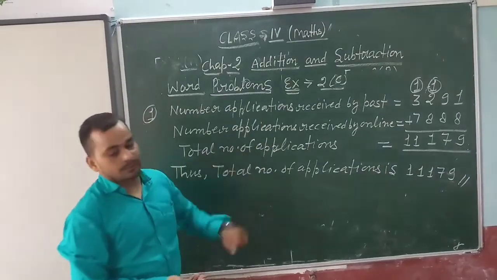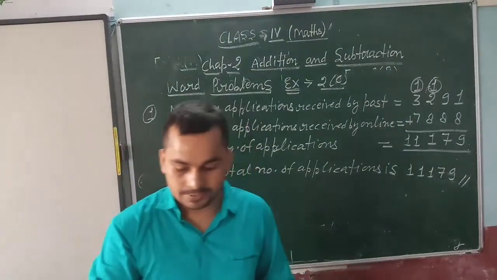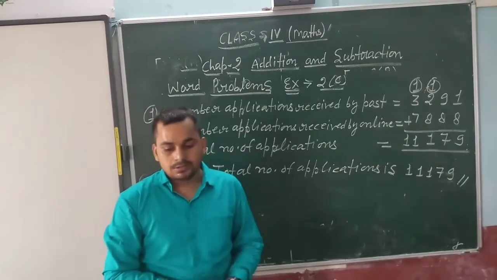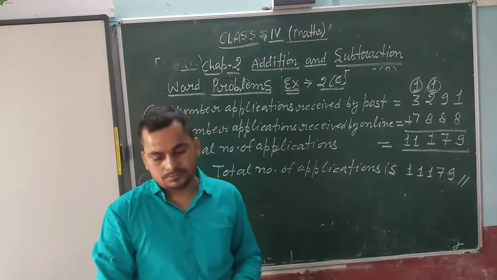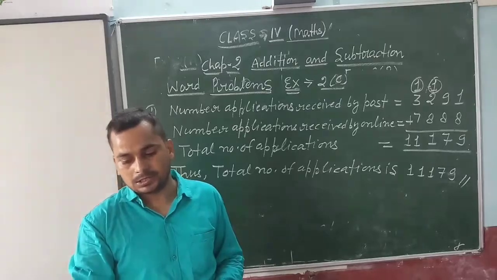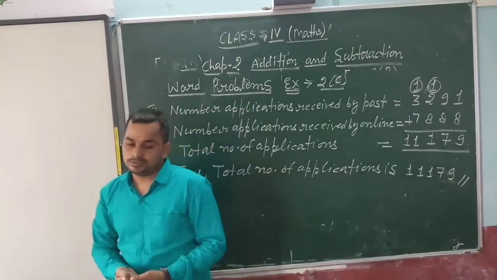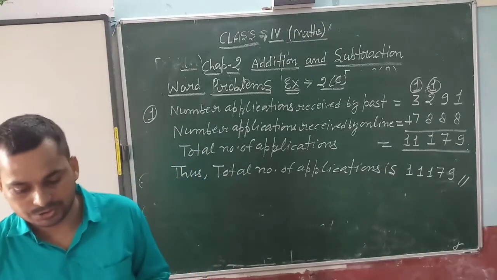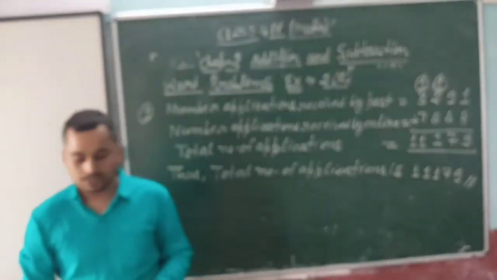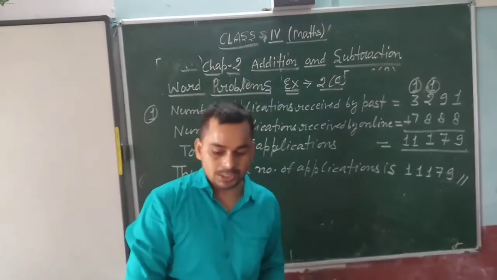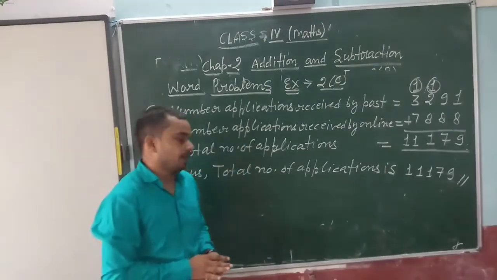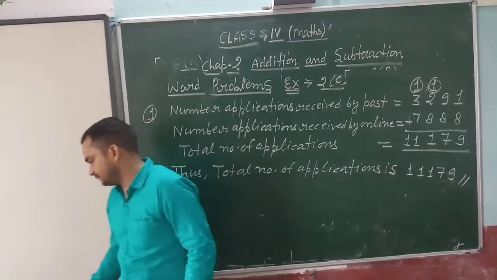Same like question number 1, you have to add cost of car and what she spent on renewal and accessories. You add both the numbers, you get the total cost given by Maria.